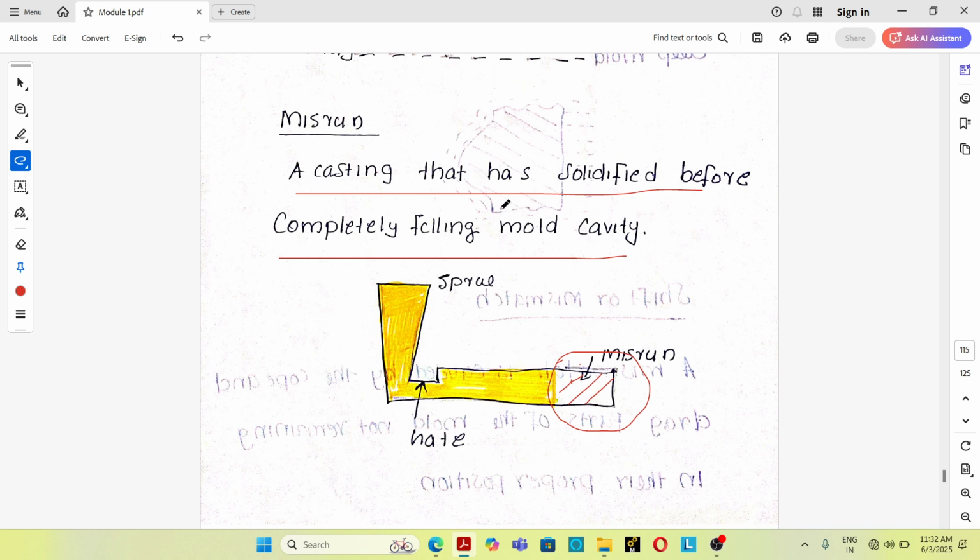If the temperature of the molten material is very low, there is a chance that before the entire mold cavity has been filled, the metal gets solidified, and that defect is known as misrun. So misrun is a defect due to a casting solidifying before completely filling the mold cavity.